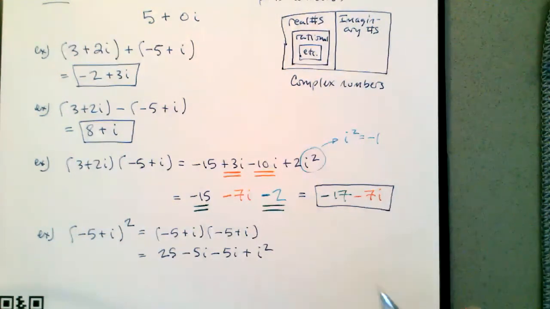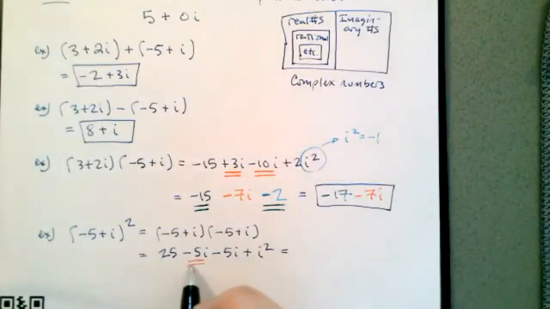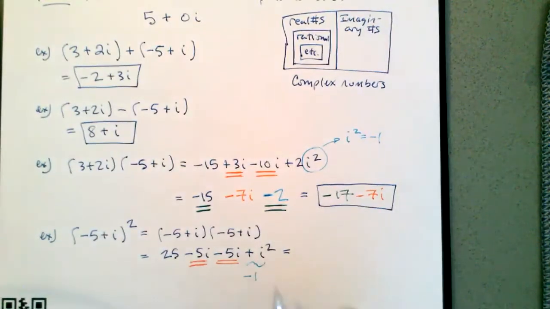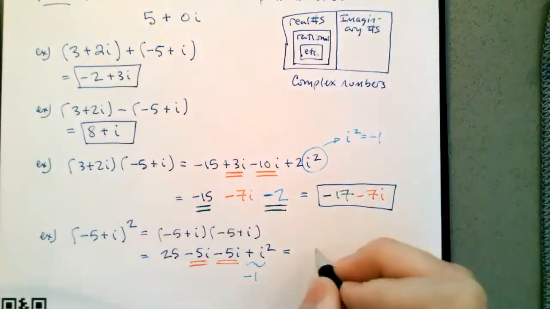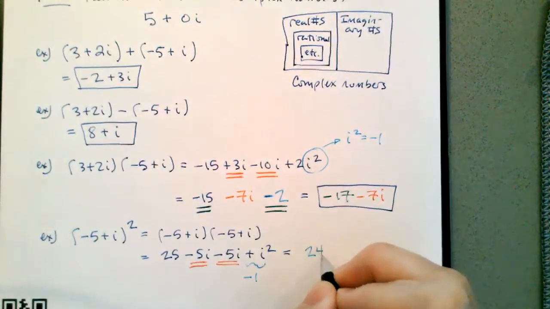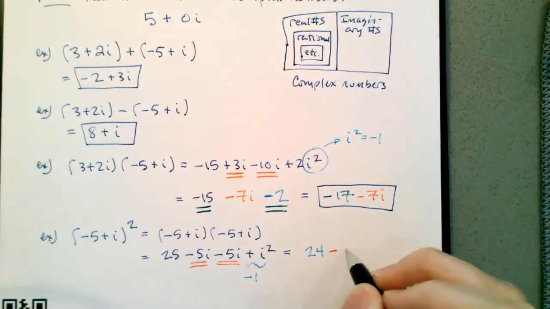I can do the same things that we did before. Minus 5i and minus 5i is going to be a minus 10i because they're like terms. And i squared is equal to negative 1. 25 minus 1 is 24. Shouldn't have been so stumped by that, but you know, it's early.